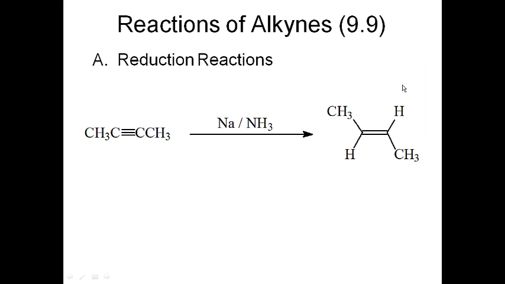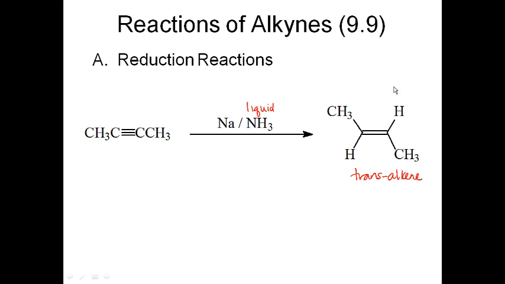Now, it'd be nice to be able to form a trans alkene, but to do that requires a non-hydrogen method. And so this reagent of taking sodium metal and dissolving it into liquid ammonia is the way that we reduce a triple bond down to a trans alkene.